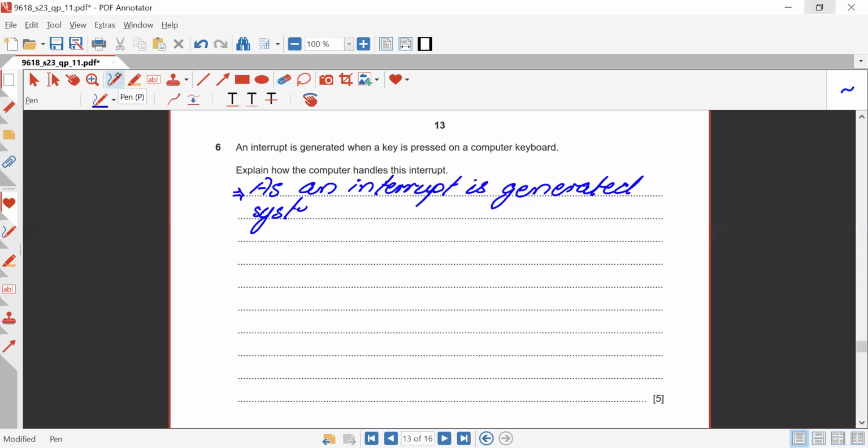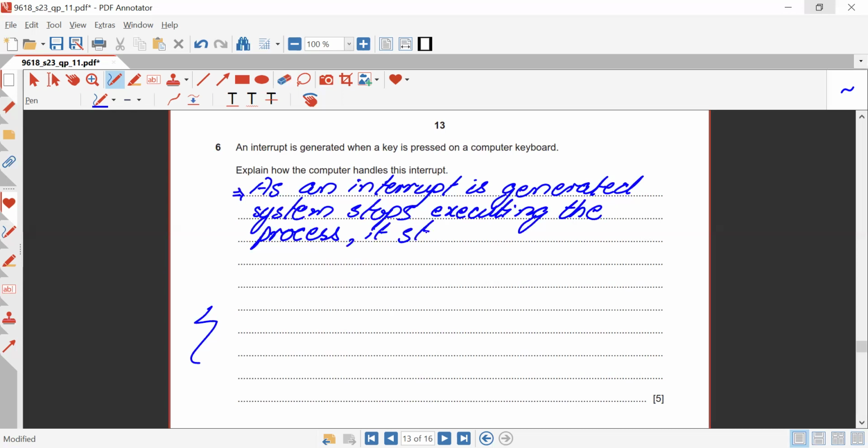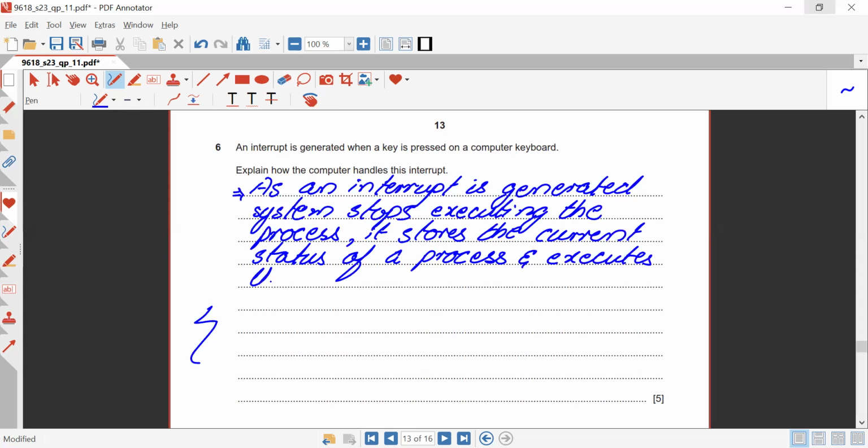So as an interrupt is generated, the system stops executing the process, it stores the current status of the process, and executes the interrupt.